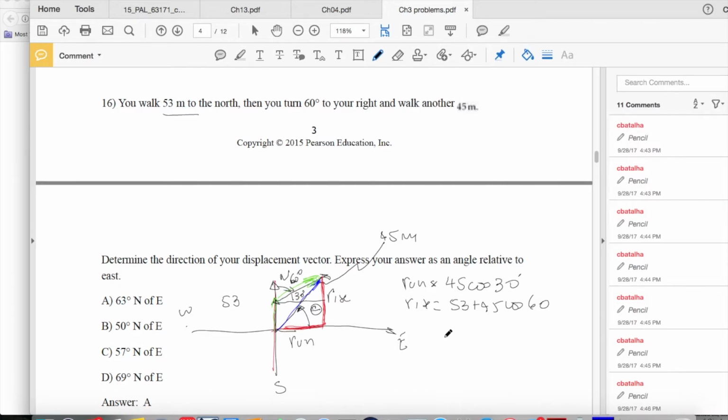So what is the angle? Tangent of this angle is equal to rise over run, which is 53 plus 45 cosine of 60 divided by 45 cosine of 30.